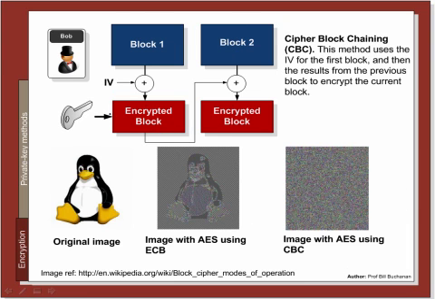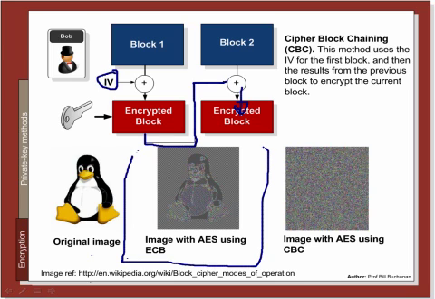An enhancement on this is to use what's called cipher block chaining. With this, we take our block, we exclusive OR our block with our initialization vector, add the key, then we take the block from the last time, we exclusive OR it with a new block, and we get a new encrypted block. This, taken from Wikipedia, shows how this happens.